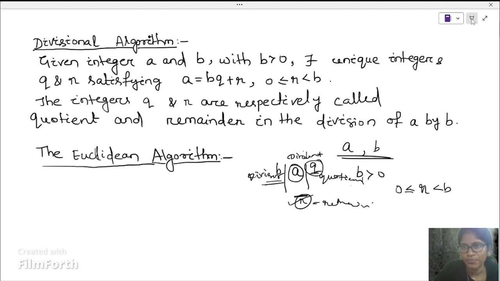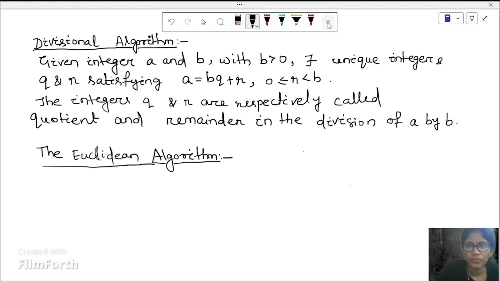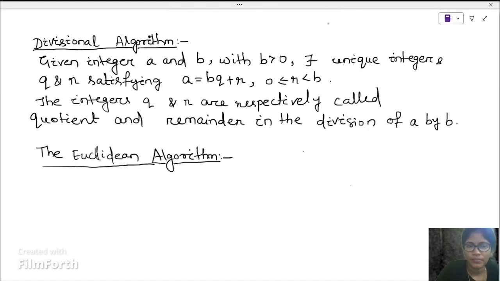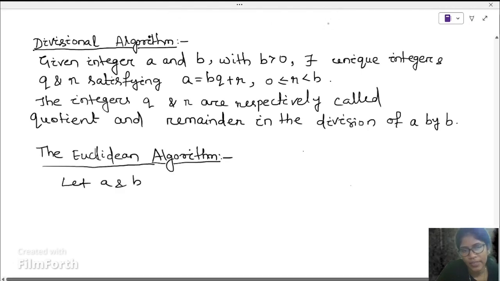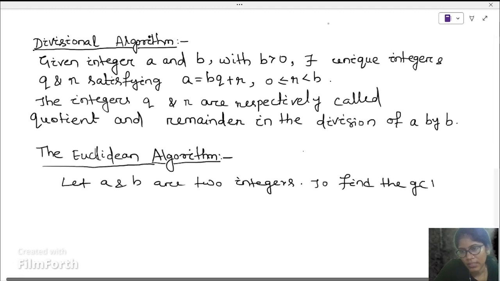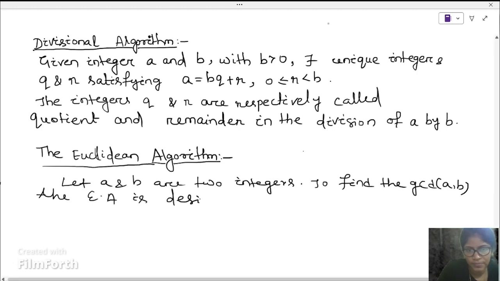Next, let a and b be two integers. To find the GCD of a comma b, the Euclidean algorithm is used.